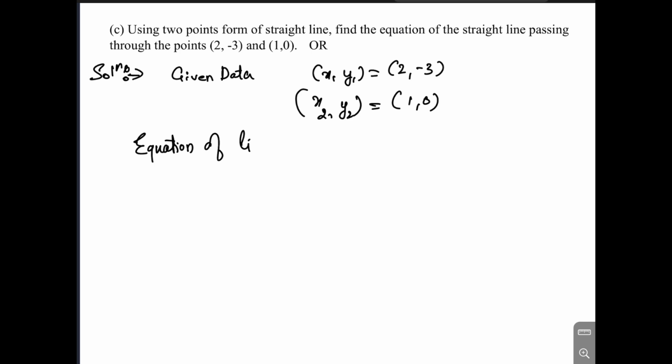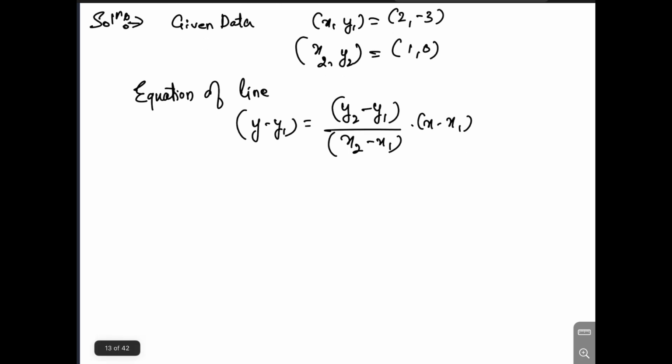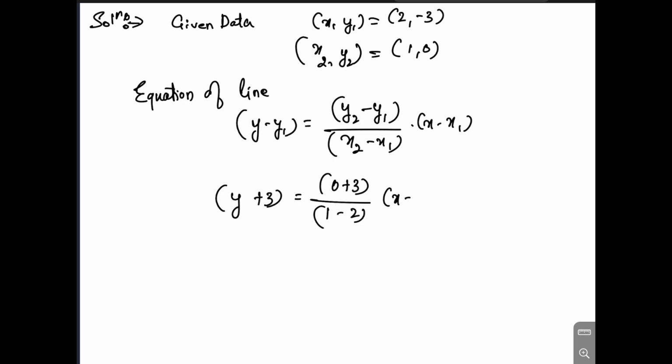We know that the equation of the line is given by y minus y1 equals (y2 minus y1) divided by (x2 minus x1) into (x minus x1). Now let's substitute all the values: y plus 3 equals (0 plus 3) divided by (1 minus 2) into (x minus 2).